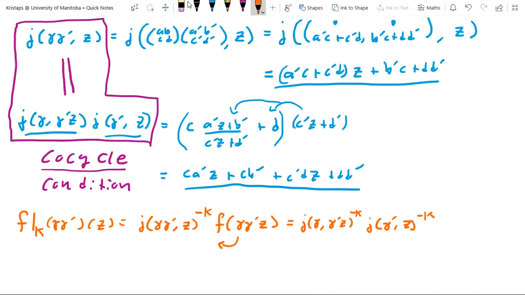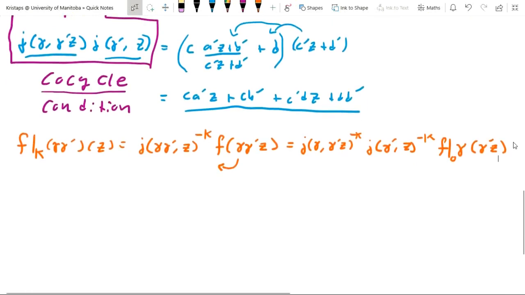Now I would like to pull the gamma out and express it as one of these weight something operators acting on f. And one thing I can do to keep things equal without having to introduce a different factor of automorphy is I can write this as the weight 0 operator, because the weight just controls the power of automorphy out in front, and if that was to the power of 0, it would just be multiplication by 1. So I can write this as the weight 0 operator of gamma acting on this function f, whose argument is gamma prime z.